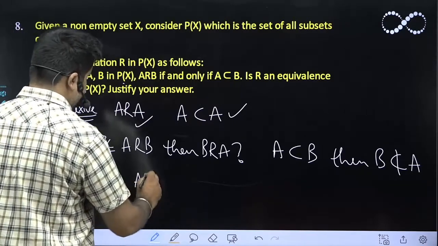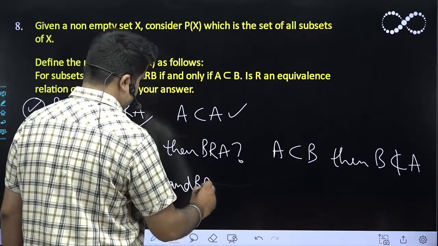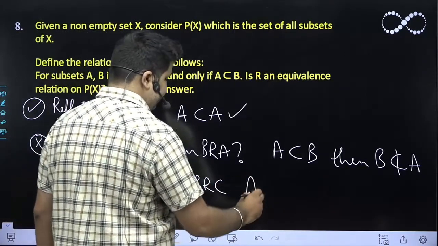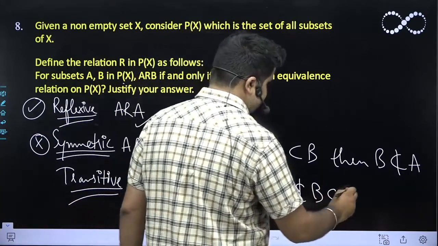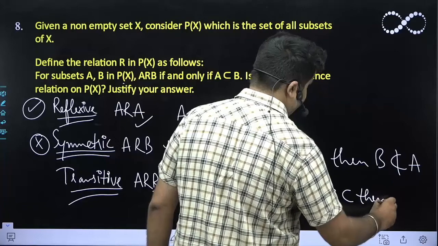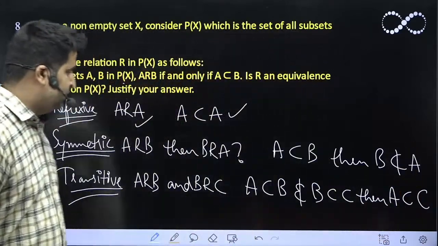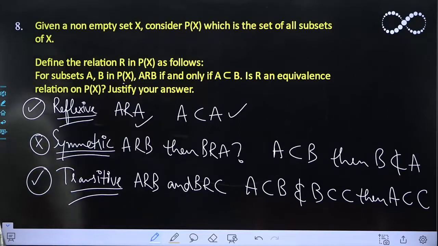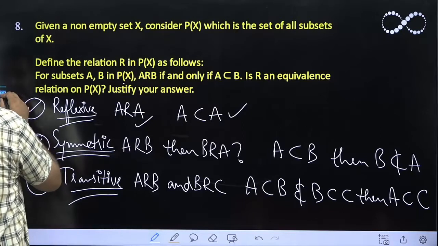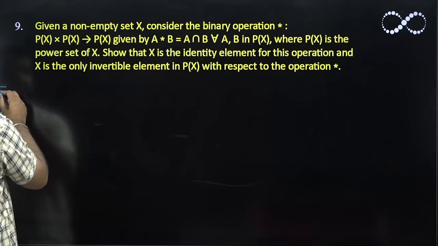If A R B and B R C, right? So if A is a subset of B and B is a subset of C, then obviously A is a subset of C. So it will be reflexive and transitive but not symmetric. Therefore this is not an equivalence relation. Moving on, let's see the next question.